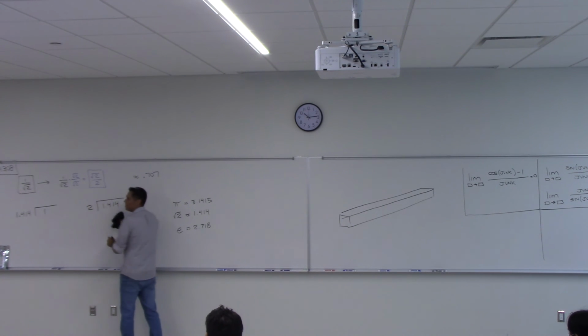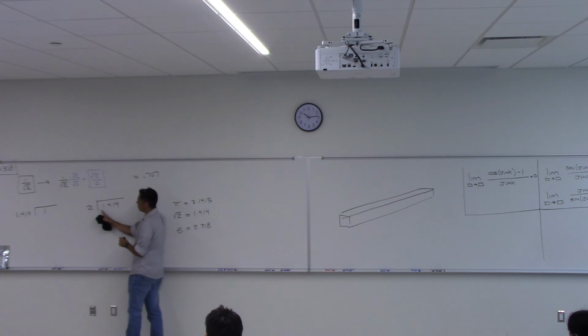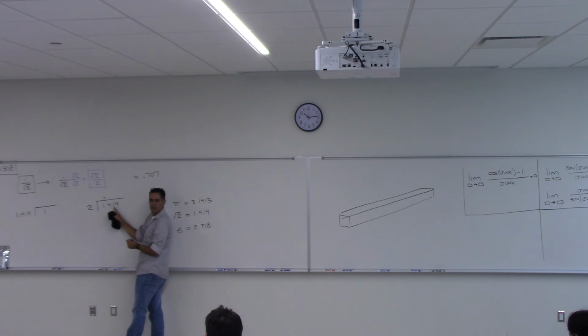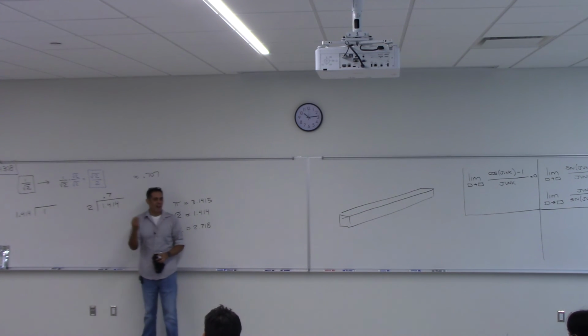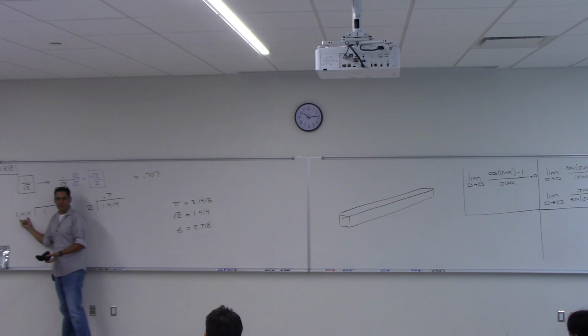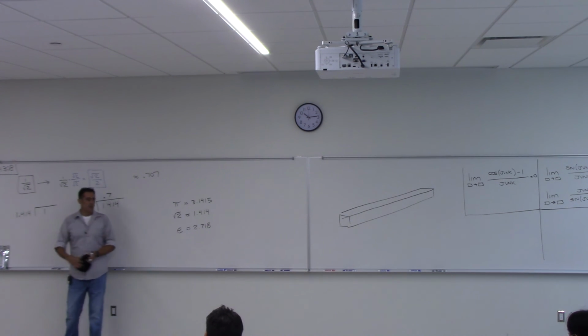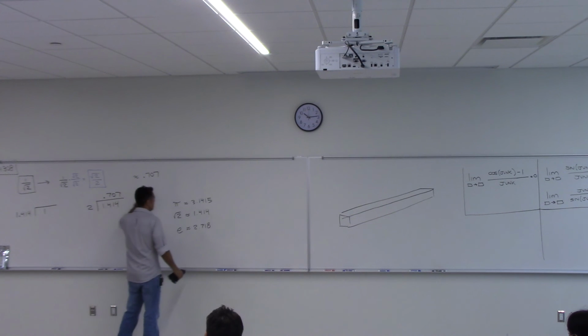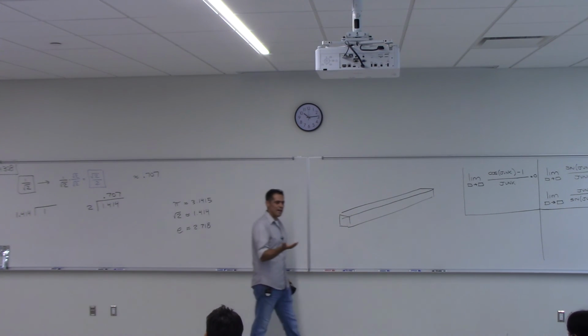The 2. Now this I can do because 2 doesn't go into 1, so I bring my decimal point up. 2 goes into 14 7 times, and then I carry on. The number on the outside is a nice integer, as opposed to over here, where it's an irrational number, which is harder to do that division. So I could carry on. This is 707. It keeps going. Do you see how that's just easier to do by hand?